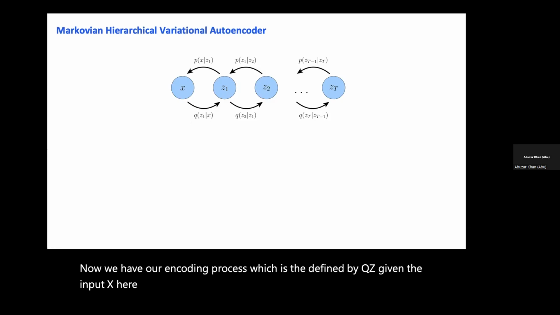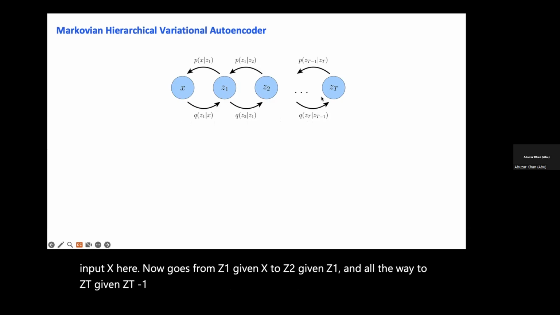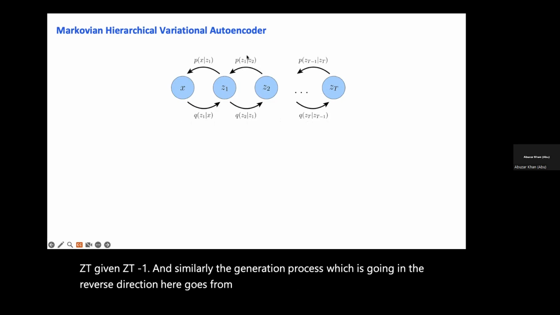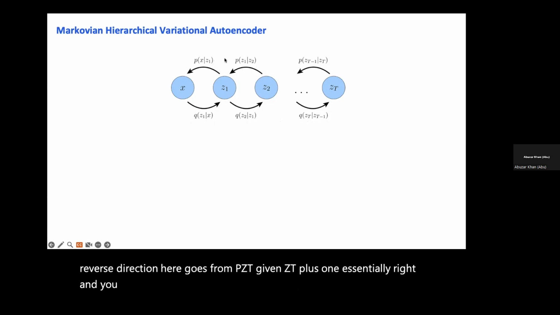It goes from Z1 given X to Z2 given Z1 and all the way to ZT given ZT minus 1. And similarly, the generation process, which goes in the reverse direction, goes from p of Z T minus 1 given Z T, essentially, right? And you can see the Markovian property in action here because none of these variables are conditioned on anything other than what came right before them in that direction.